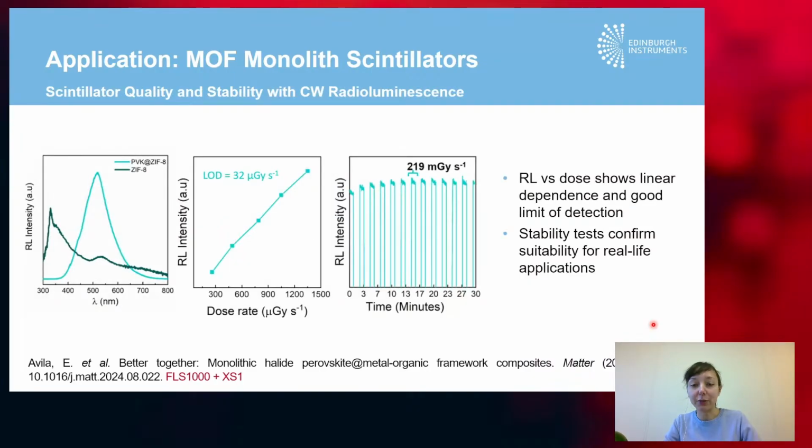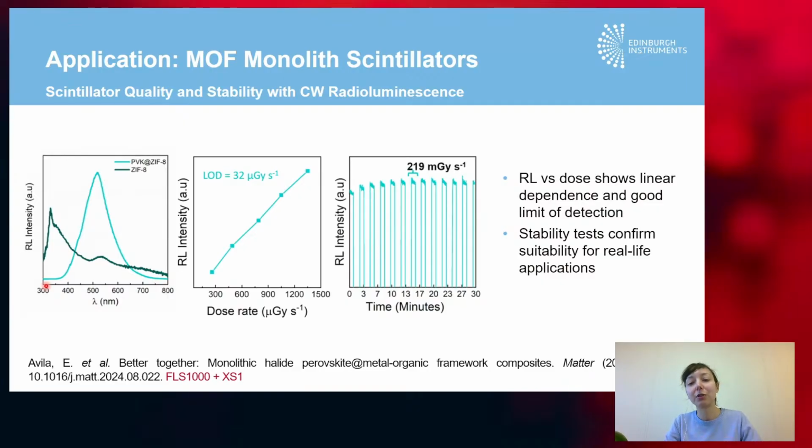The next set of tests is radioluminescent excitation with the continuous source in the XS1. So that gives more information on scintillator quality and on scintillator stability. First, you can see here the radioluminescence spectrum of just the MOF matrix in the dark color, and then the perovskite material in the MOF in the lighter color.